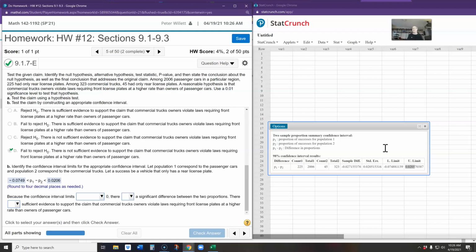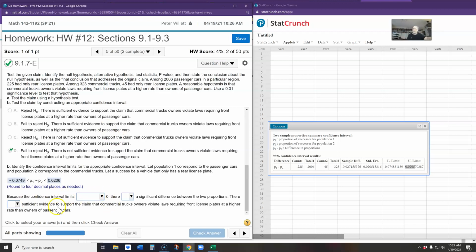So that means it's quite likely, and our confidence interval would suggest it's certainly possible, that there is no difference between the population proportions. And our claim is that there is a difference. And so this does not support our claim. So just like what happened with the p-value was not low enough to reject the null, because our confidence interval includes a 0, we can't reject the null idea that the difference is 0.